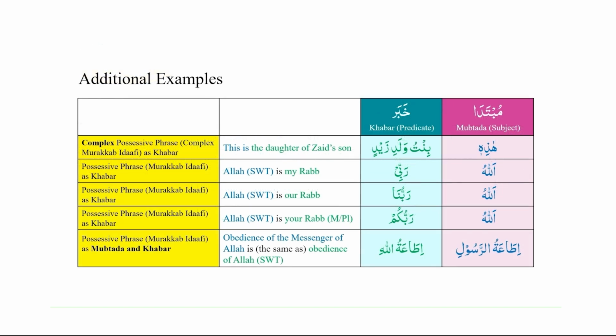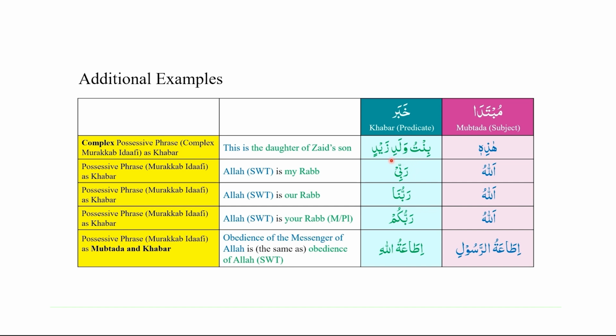Here we have some additional examples. Hazihi bintu waladi Zaidin. This is the daughter of Zaid's son. Or we can say this is Zaid's granddaughter. The daughter of Zaid's son.